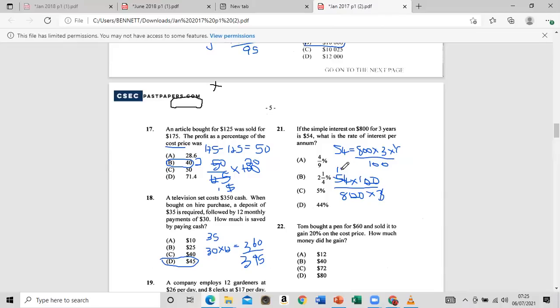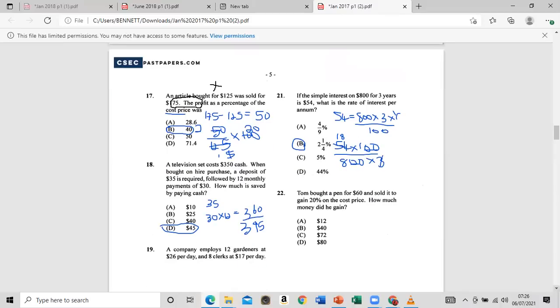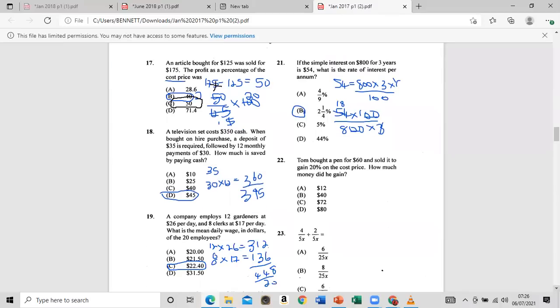So it's 18 divided by 8. 8 into that goes 2 times 8 to 16, 2 over 8. That's the same thing as a quarter. Let me double check my answer. Yeah, it's right.